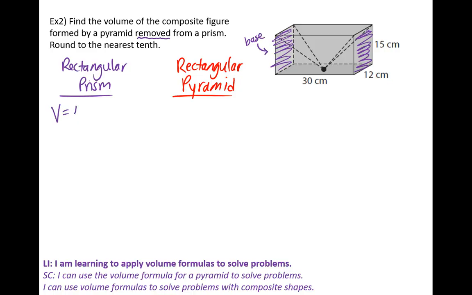V equals, for a prism, area of the base times the height. And just a reminder, the area of the base there is going to be a rectangle. So I'm looking for length times width and then times the height of the prism. If I go over to those bases, to the right side specifically, I can see length and width, and I'm going to plug those numbers in.